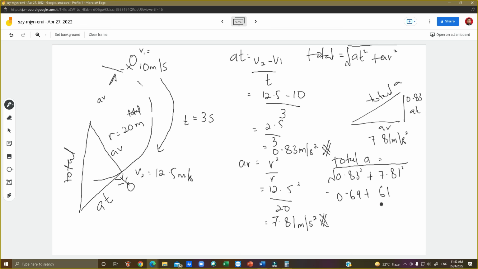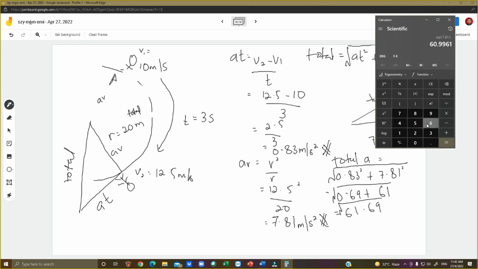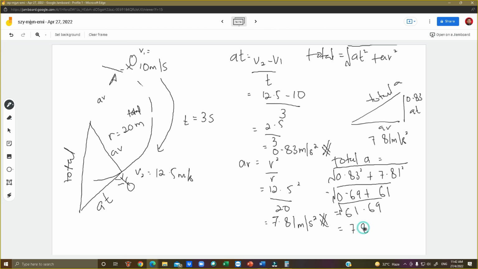Malas tu bu. Okay, square root. So kita dapat apa ni? 61.69 square root, 7.85 meter per second square. This is here, 7.85 meter per second square.